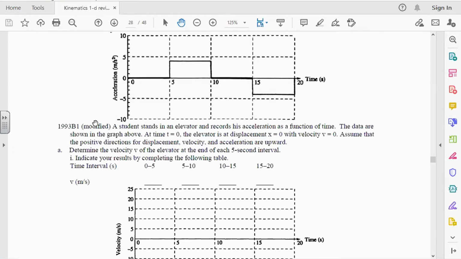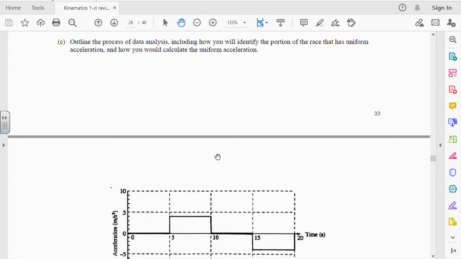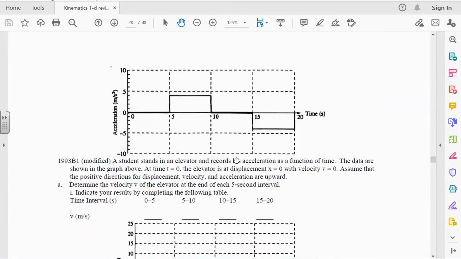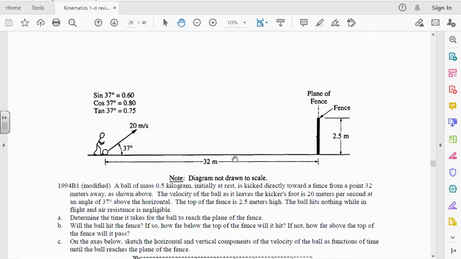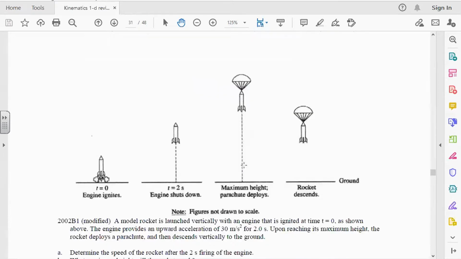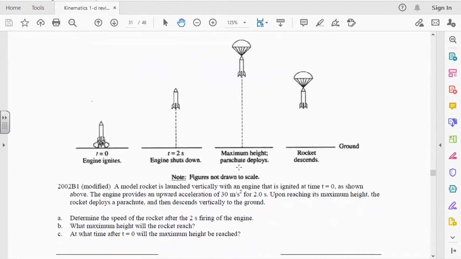So you can scroll down and find those years, 1993 B1, and find the scoring rubric for that. And then the other one is 1982 B2 or B1. So you can find those, just scroll down. Those are the questions I used for the quiz. All right, there it is. All right, so what specific question do you have about that, Anna?